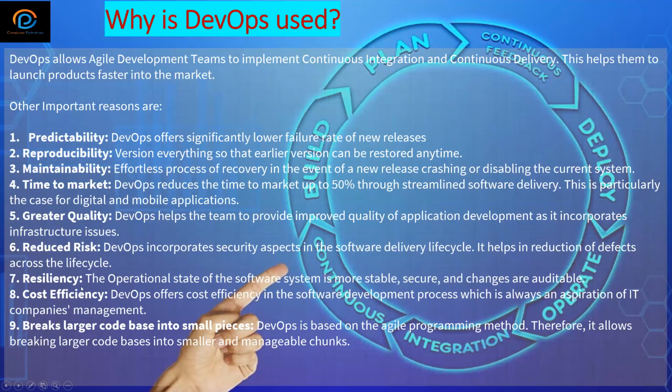Another feature is resilience, as the operational state of the software system is more stable, secure, and changes are auditable. Earlier, suppose some changes were made by an operations team or anyone.